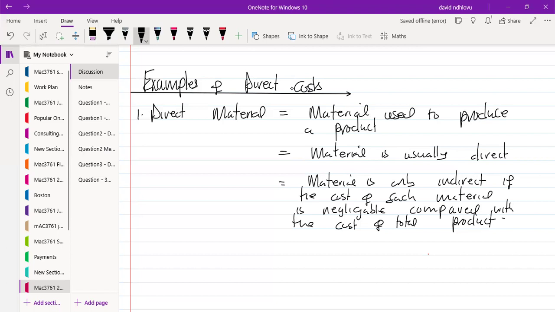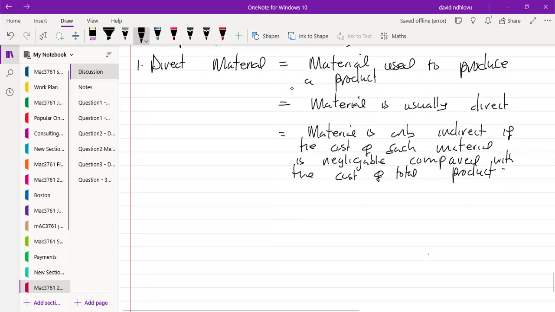For example, let's say you are producing a textbook, and you have glue used in the textbook.